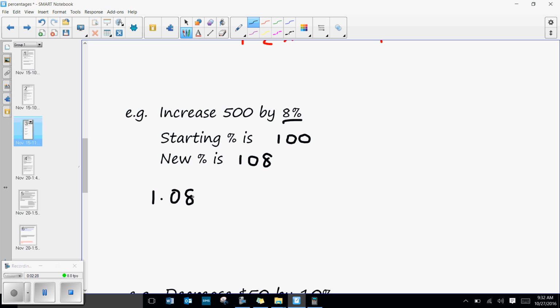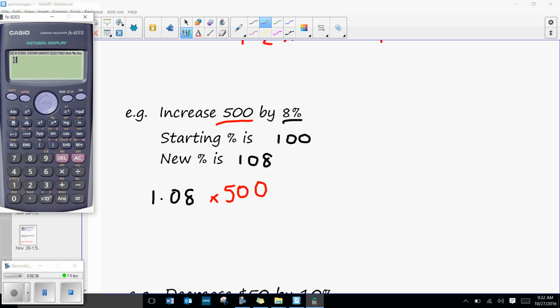So 1.08 multiplied by 500 gives 540. This time there are no units because it was just 500.